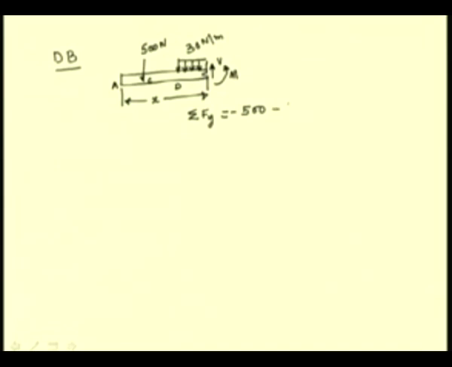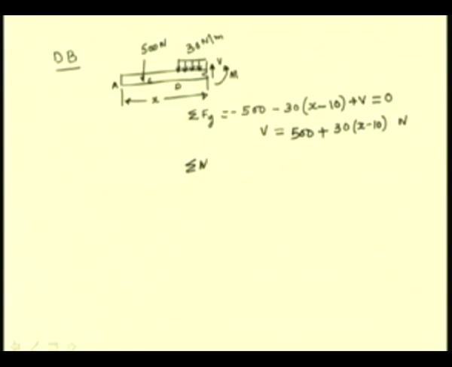So, which is minus 30 times x minus the distance AD, which is 10, plus the shear force V equal to 0. So, from this we get V as 500 plus 30 into x minus 10 Newtons.